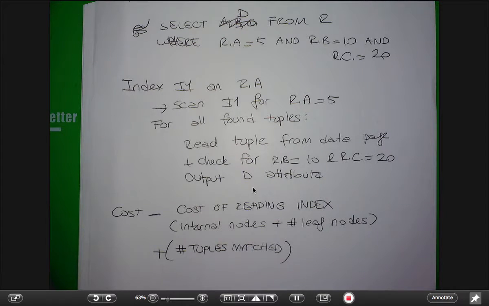Why should it depend on tree height? Well, let's say that you have 10,000 tuples, and 5,000 of them actually have A is equal to 5. Then it may turn out that I have to read 5,000 tuples.